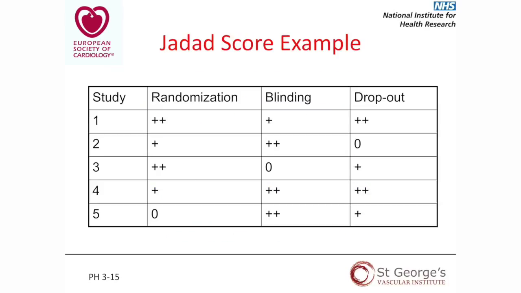This is an example of the Jadad score, 5 studies of various different qualities. So the one on the top has excellent description and appropriate randomization. It probably had a poor discussion of blinding, but a good description of what happened to the patients. Compare that to the last study, study 5, which either wasn't randomized or had a poor description of randomization.